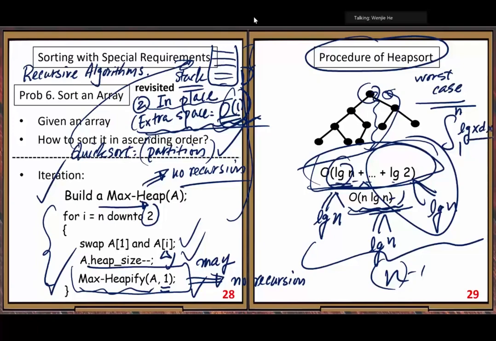But even if you use a better estimate, you get big O of n log n. Same category, but the constant is slightly better. So that's this topic, the heap sort topic.